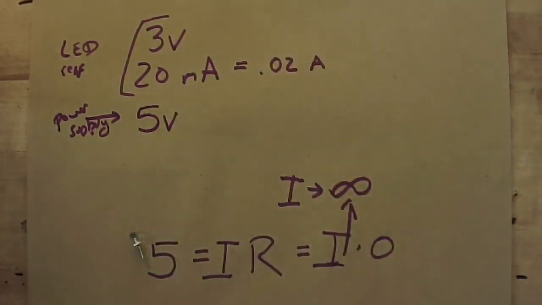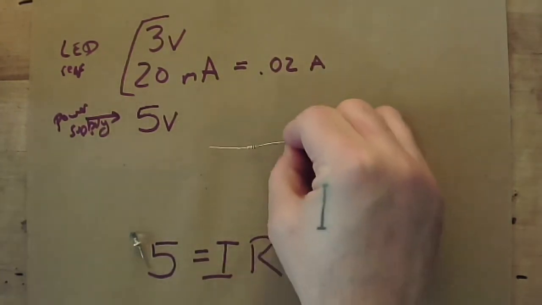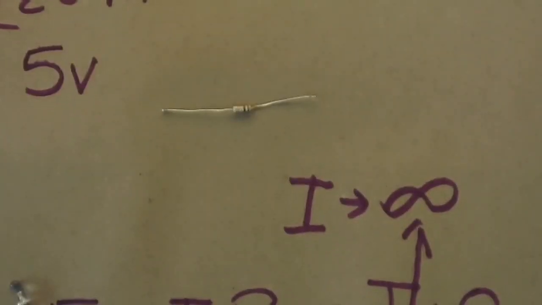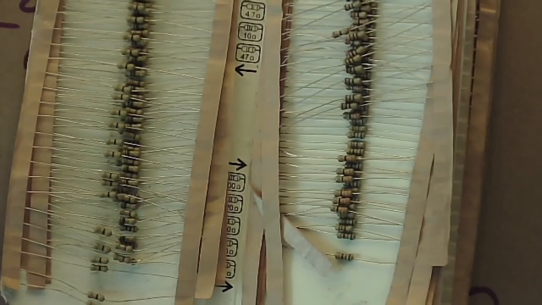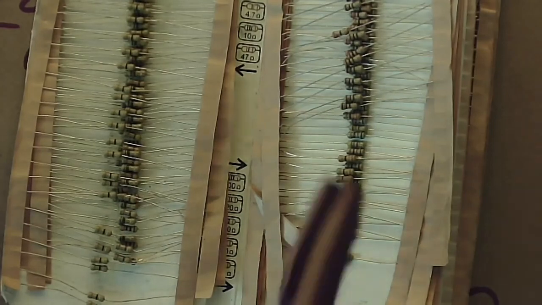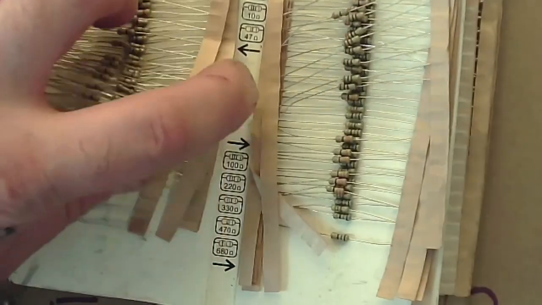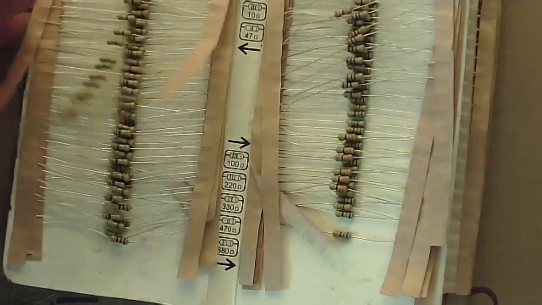A resistor is a component such as this that has a known resistance. It has a demonstrated amount of ohms. I have this book of resistors here that have all of these different values, so I can go through and choose which one is correct for the application that I want.